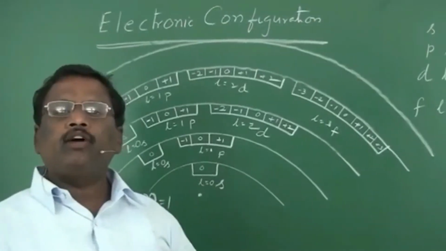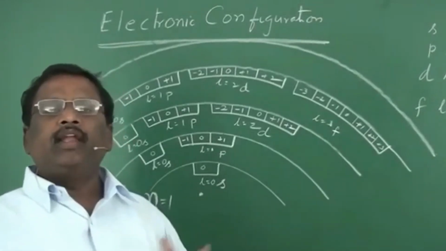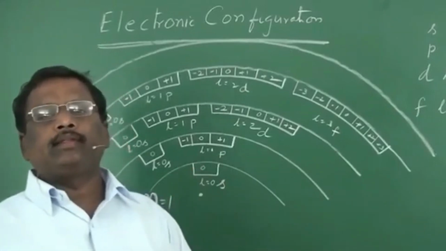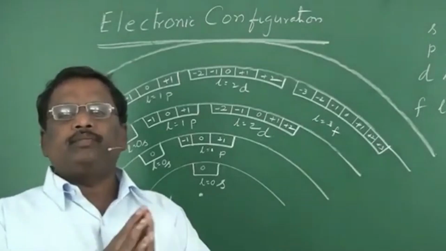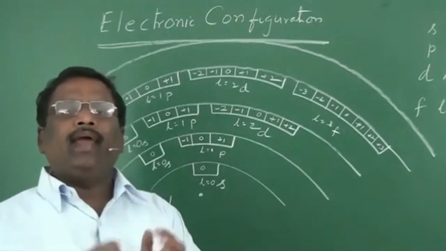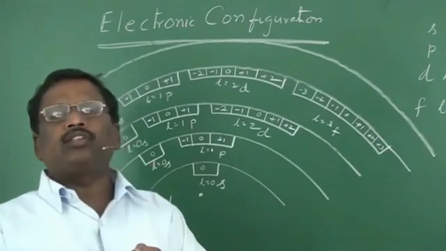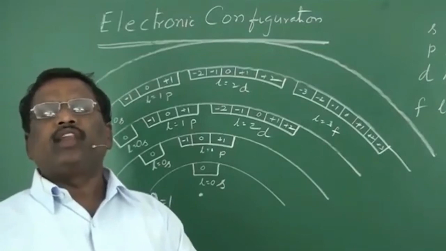The arrangement of the electrons present in an atom in different atomic orbitals is known as electronic configuration.